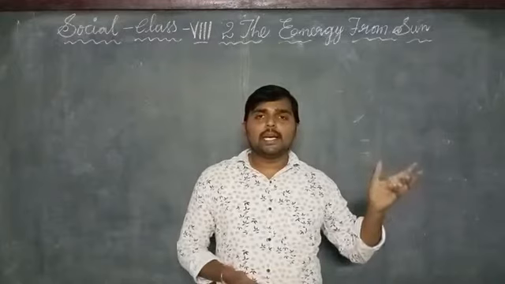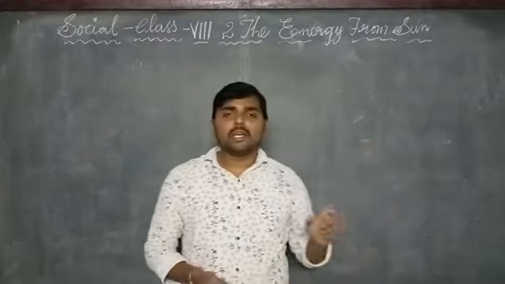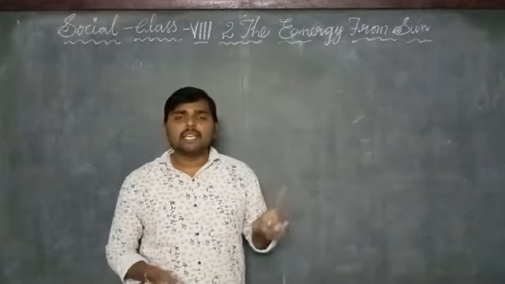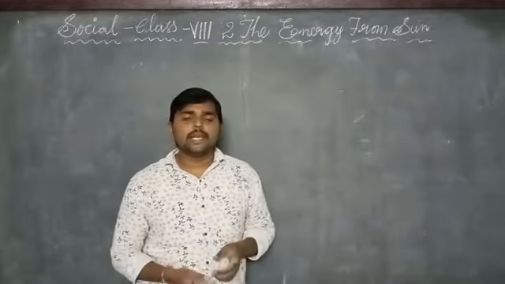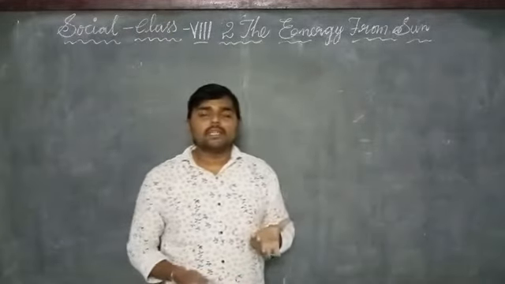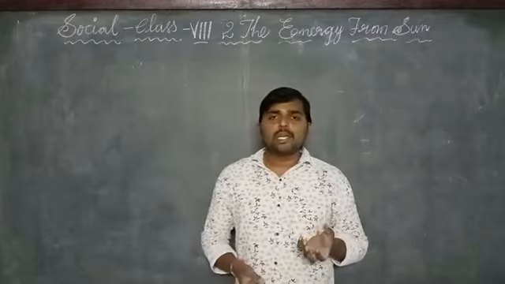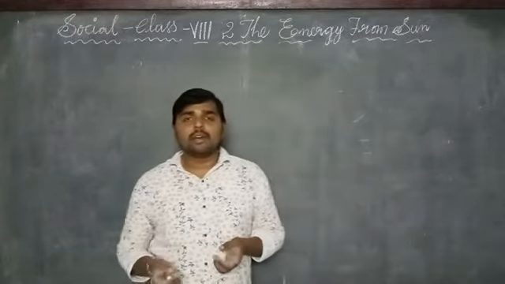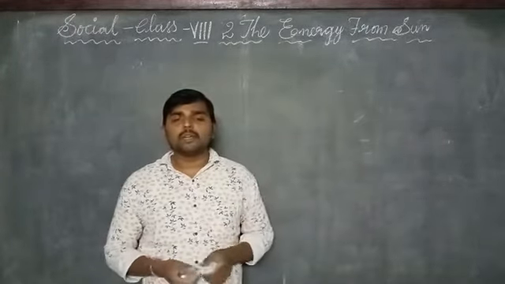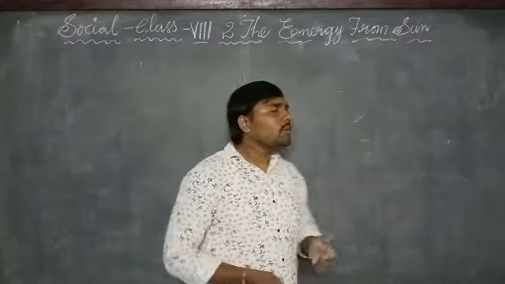Due to holding the sun rays in the earth's atmosphere, it heats the atmosphere of the earth. Due to the heating of the atmosphere, the temperature levels are increasing. This is called global warming.